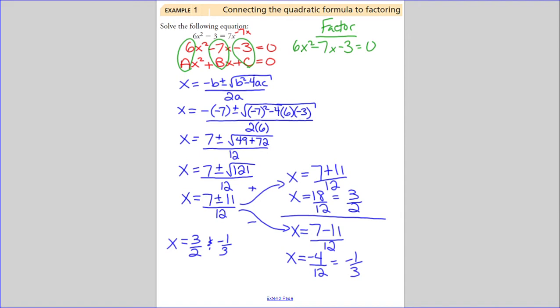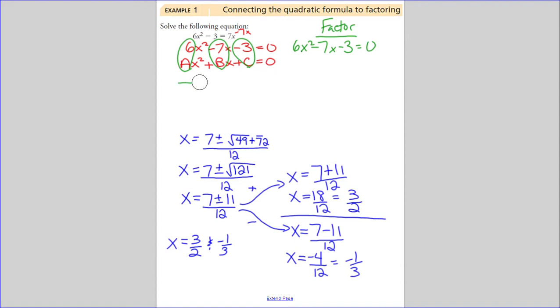What I'm trying to figure out here is what can I use for two terms that multiply to give me negative 18. So remember, the a and the c term multiply, so two terms that multiply to give me negative 18, and those same two terms are going to add to give me negative 7. And so negative 9 and positive 2 pop up. Negative 9 and positive 2 would give me that negative 7.